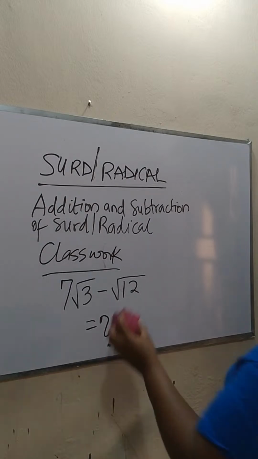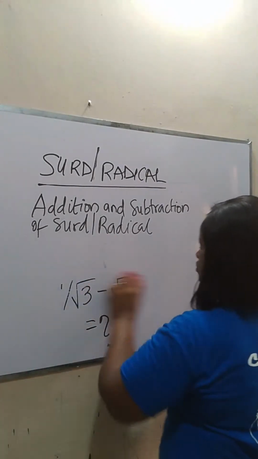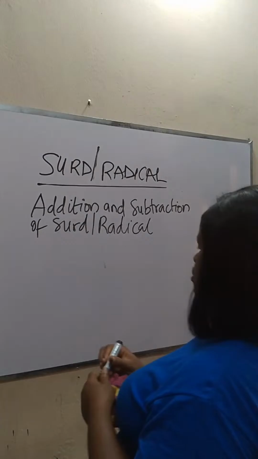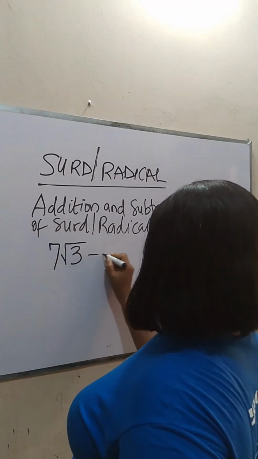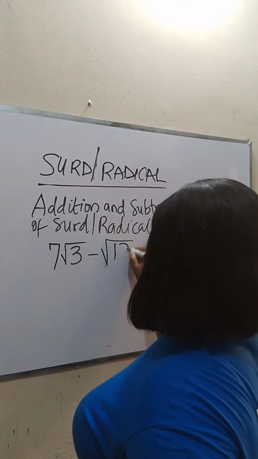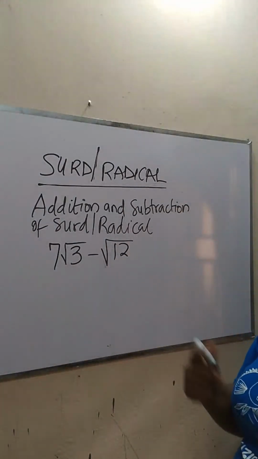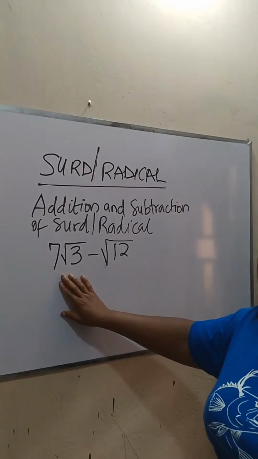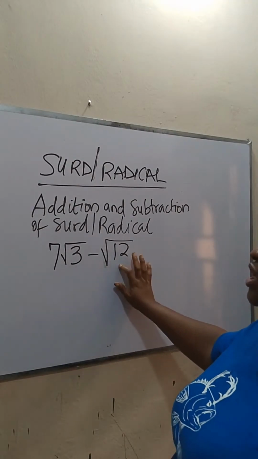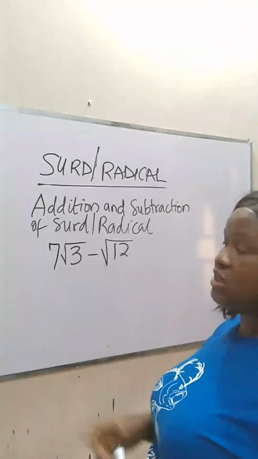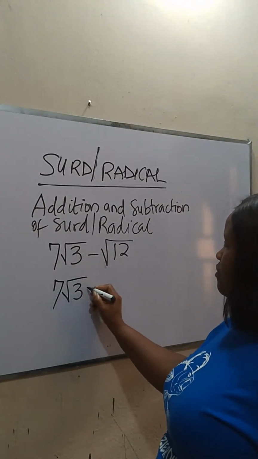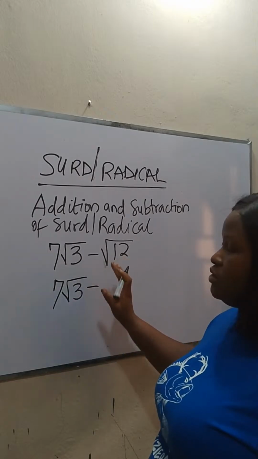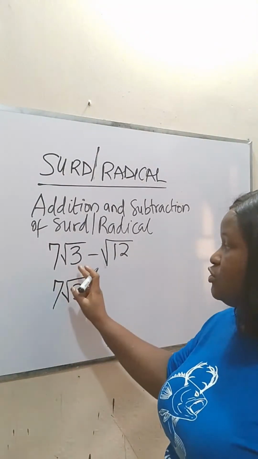So let me solve it. So we are given 7 root 3 minus root 12. Looking at it, this one is already in its simplest form. We are going to change root 12 into its simplest form. If we do that, we have 7 root 3 minus, now 3. Now there is already a hint. The hint is root 3.